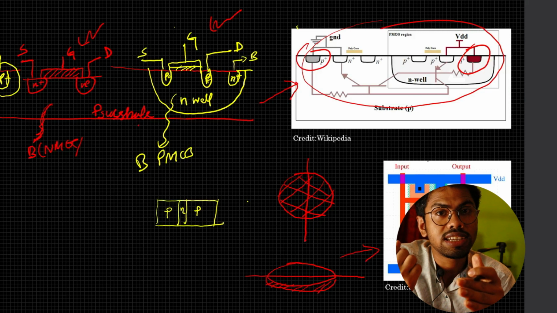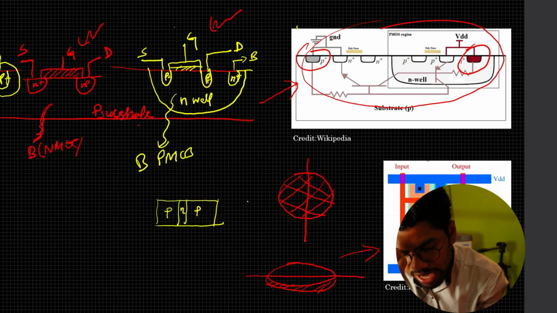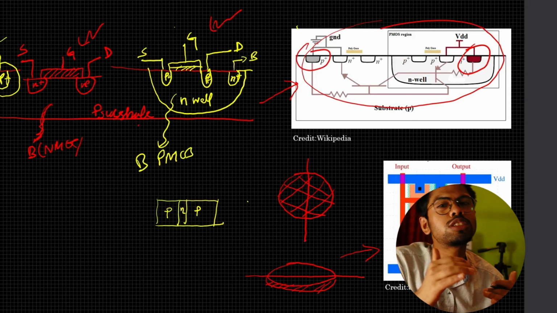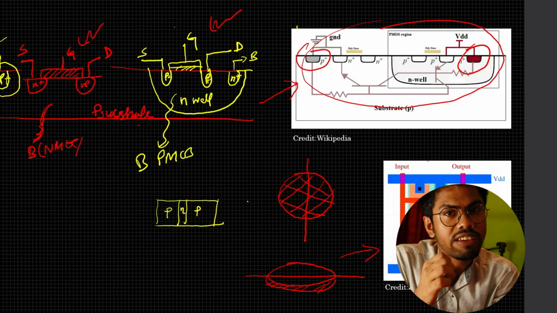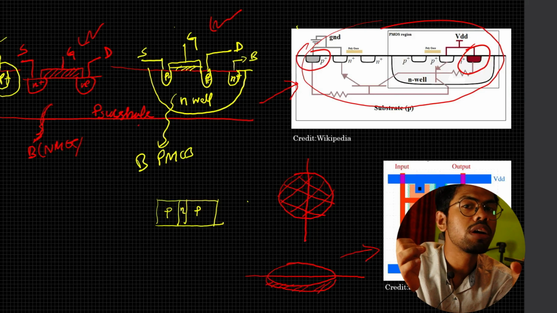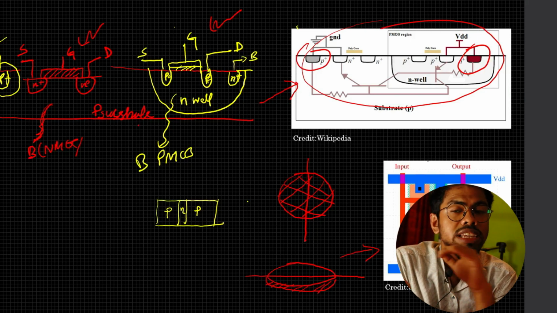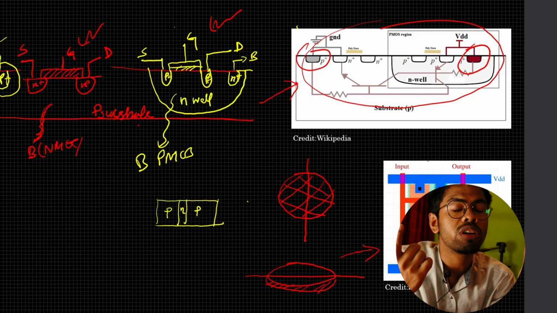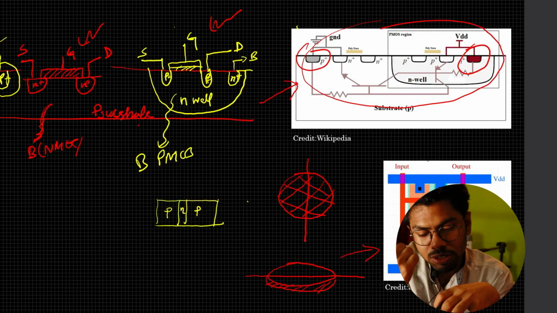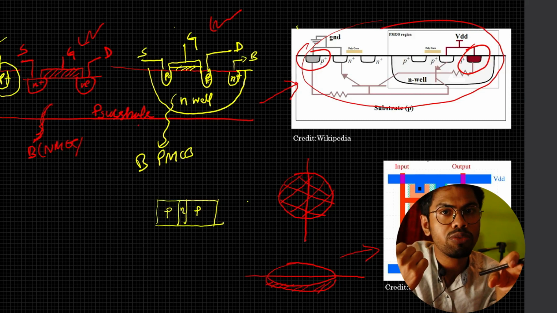So if we haven't tied this body to ground, and why ground? Because ground is probably the lowest possible potential available in our circuit. There could be negative potentials also, but that is some other case; in general 0 potential or ground is the lowest possible potential we have.